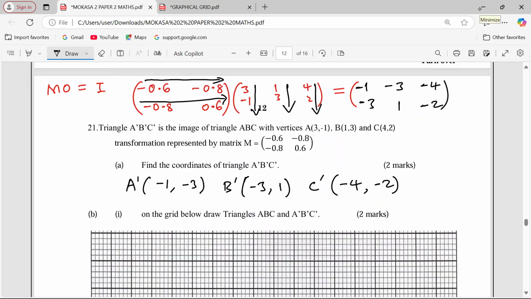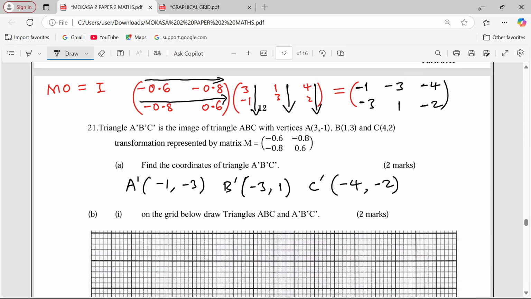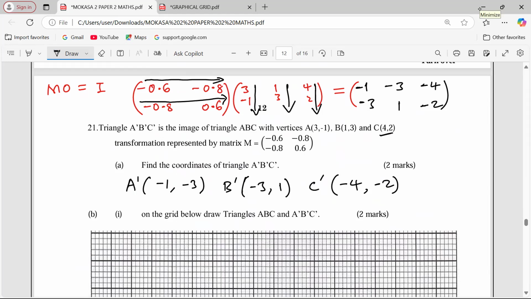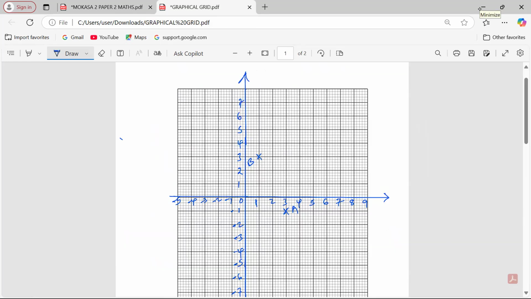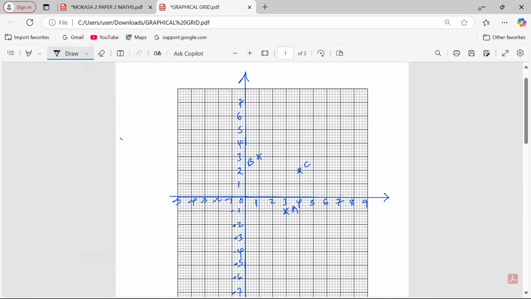So the coordinates for A are 3, -1. That is where A is. Then 1, 3 is the coordinate at this point, that's where B is. Then we are also having C. C is at 4, 2. So 4, 2 is a coordinate at this point. That's where C is. So with all these now, we can do the triangle.